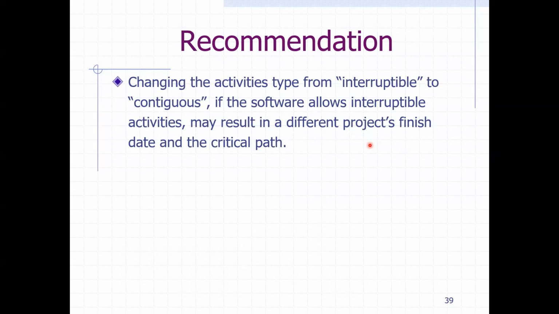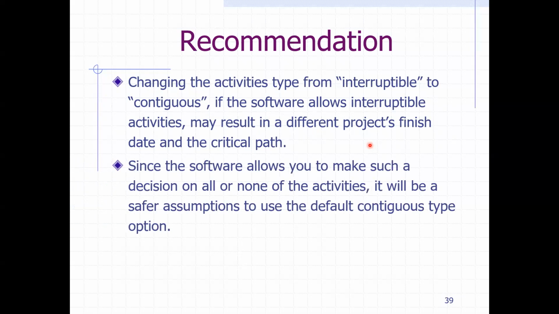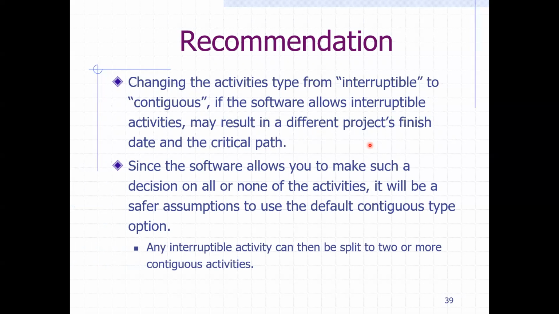And then once you finish your scheduling, you can go back and add these interruptible activities or adjust them accordingly. It's a safe assumption to have your contiguous activities as default when you start scheduling, and then work with each activity on an individual basis if interruptible activities are more appropriate.